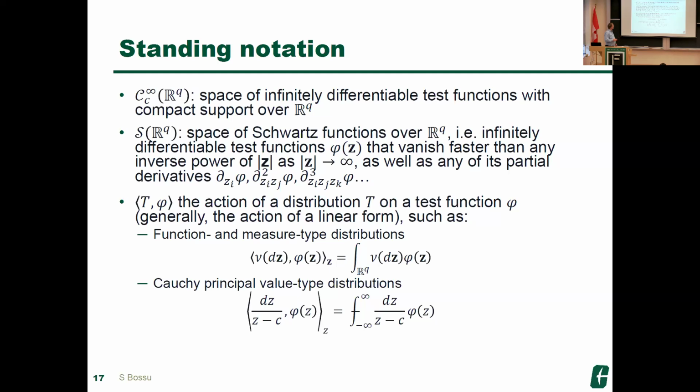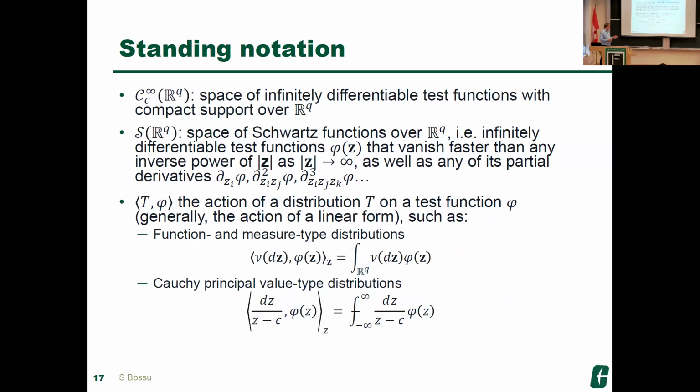One type of such functions, which are called test functions, is infinitely differentiable functions with compact support. Another type that is a little bit less restrictive is the so-called Schwartz functions that are infinitely differentiable and also rapidly decaying. So they still cover the real line, but they vanish faster than any inverse power of z, any polynomial of the norm of z, as the norm of z goes to infinity. And that also has to apply for any of the partial derivatives of that test function.